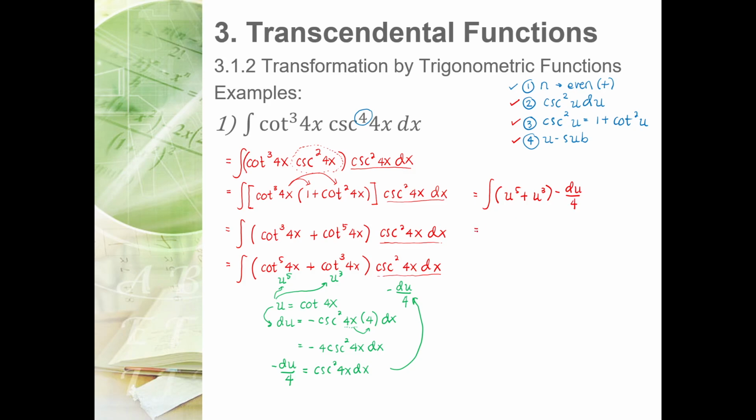Factoring out negative 1/4, we have negative 1/4 times the integral of u to the power of 5 plus u cubed du.